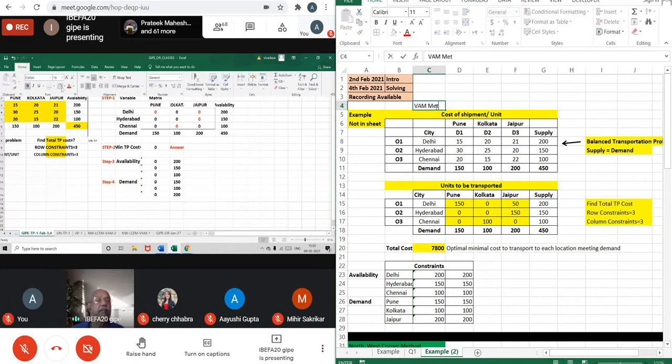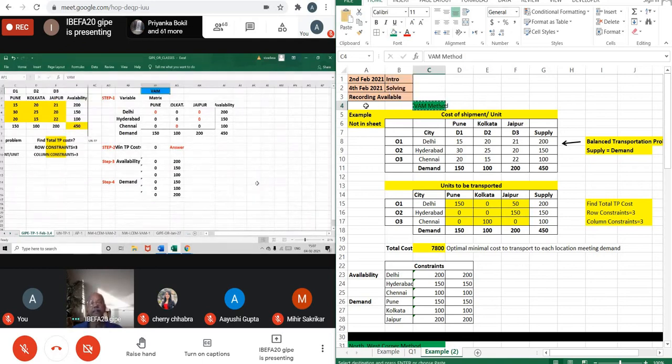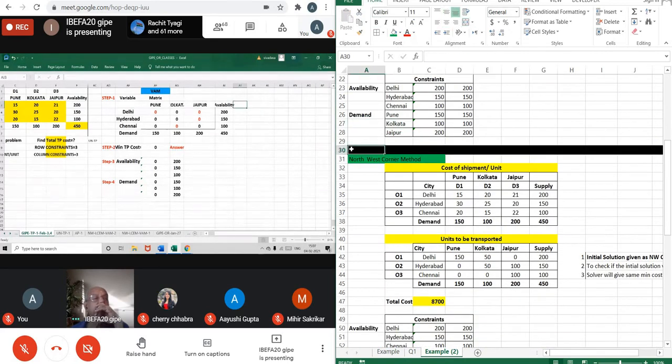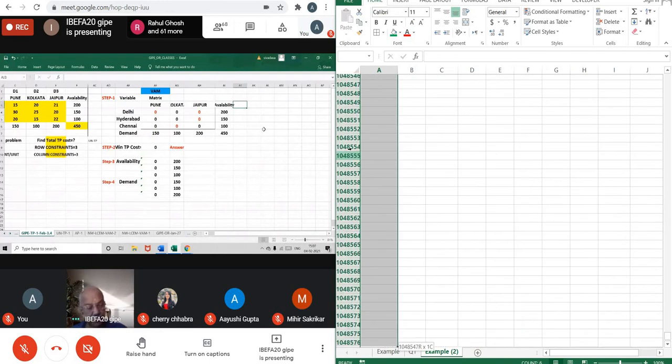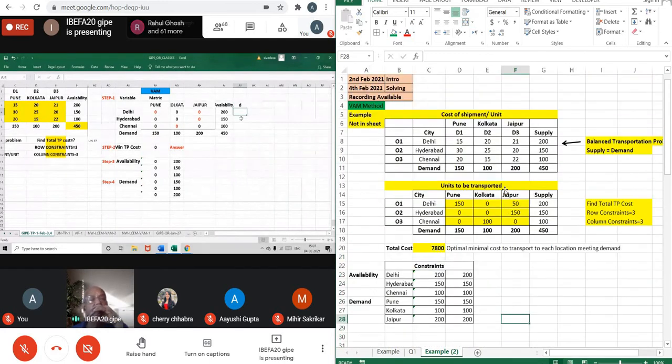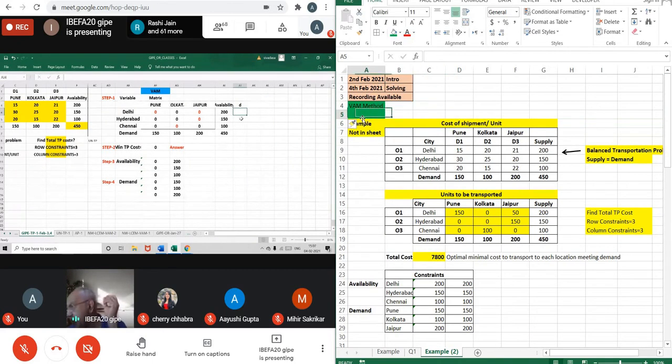So in VAM, what it says is a different work. It says find the difference between the minimum and the next minimum cost in each row.